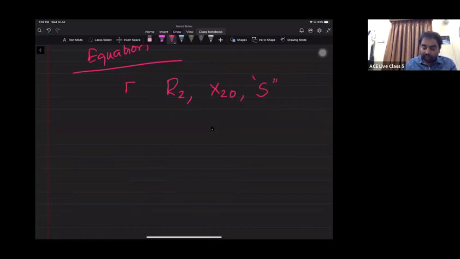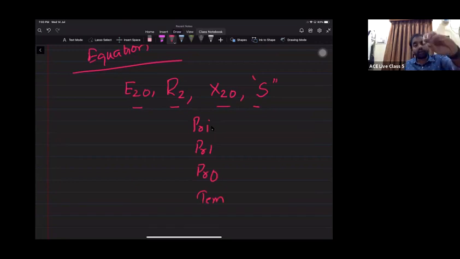And in addition to this, E2 naught is required. If these four parameters are given, then you can calculate rotor input, rotor losses, rotor output, and the torque at any slip. You can calculate all these things. Is this point clear? Confirm me.